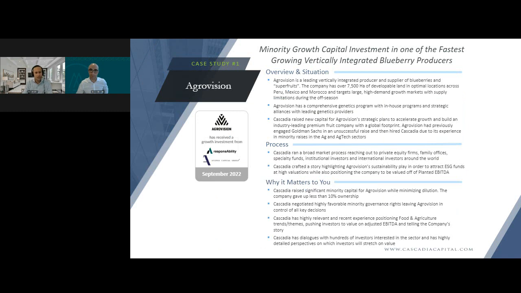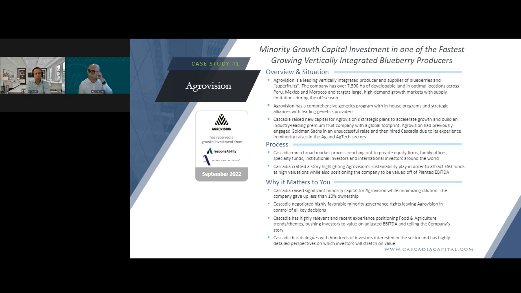The last thing I just wanted to quickly talk about before I pass this over to Pat to talk specifically about how they invest and think about this from an investor perspective, I wanted to talk through 2 quick case studies. The first is a company called AgriVision. We represented this past year a company, AgriVision, which is a vertically integrated producer of blueberries and superfoods.